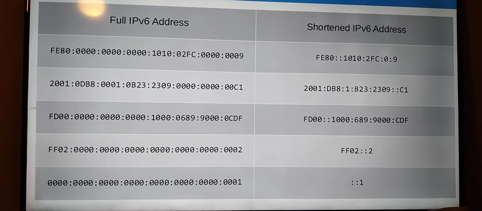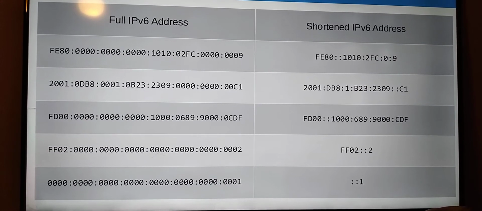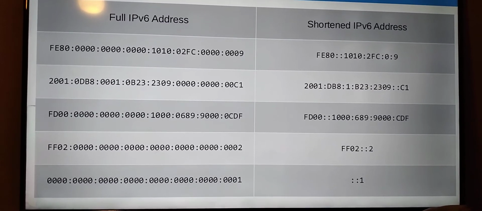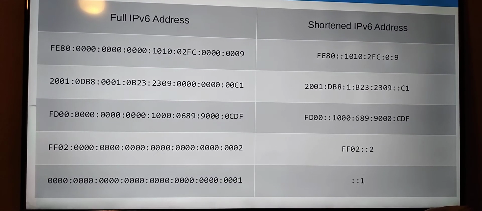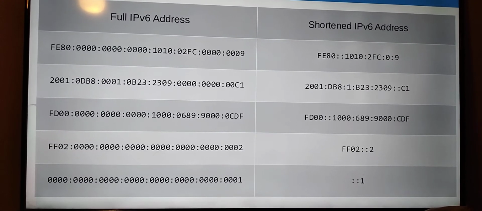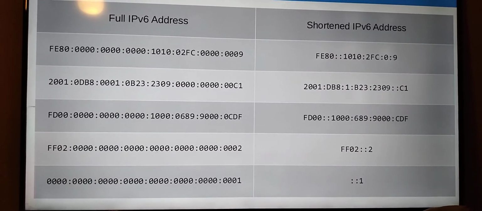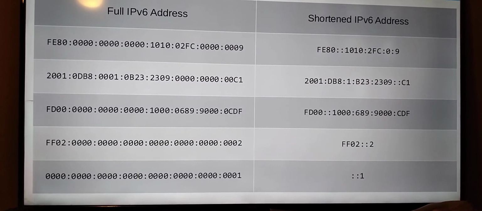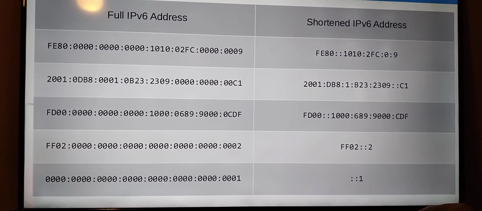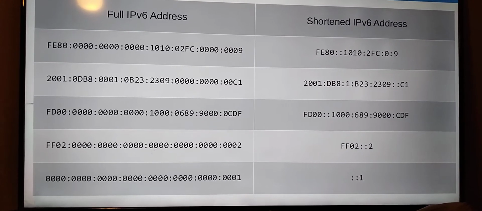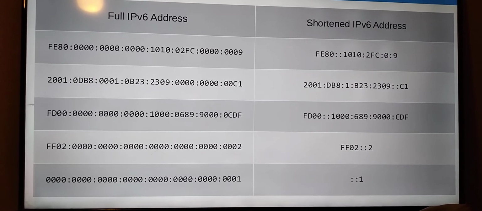Now remember, we can use this trick only one time in an IPv6 address, because if we have a couple of colons up front and a couple of colons at the end, there's no way to know how many quartets are represented by each double colon. So what we have done, the trick, the double colon, as you can see at the end, all zeros, we just use a colon.